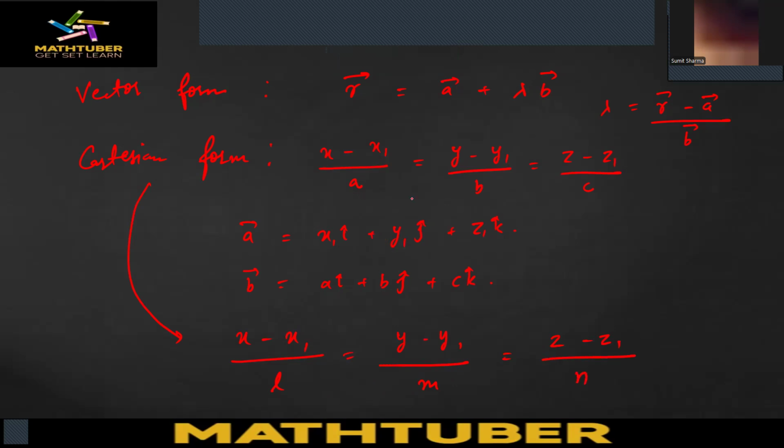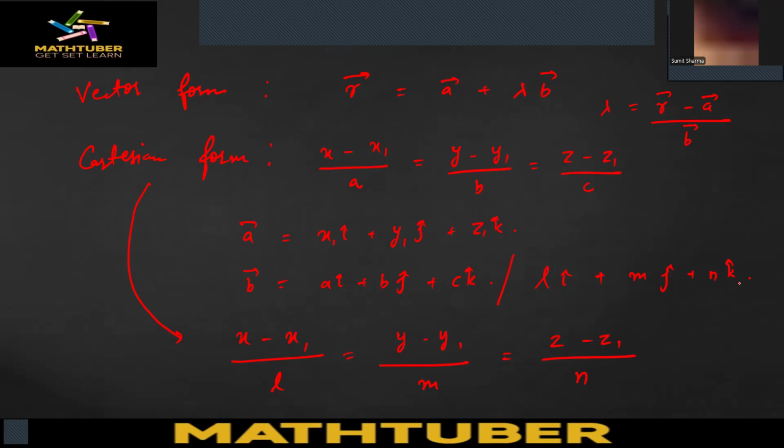Right? So in place of a, b, and c, we can also use l, m, and n if the direction cosines are given. Let us say B vector is given as l i cap plus m j cap plus n k cap. In that case, we can use l, m, and n in place of a, b, and c also, right? So both of these equations can be used easily.